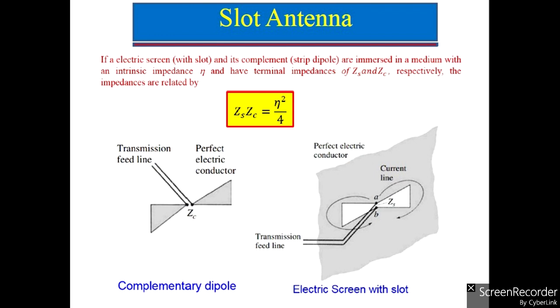The impedance of the slot and the impedance of the complementary dipole, if we take the product, is a constant, eta squared by 4. Eta is nothing but the intrinsic impedance, so eta squared is 377 the whole square by 4. That is a constant being maintained in the slot antenna.